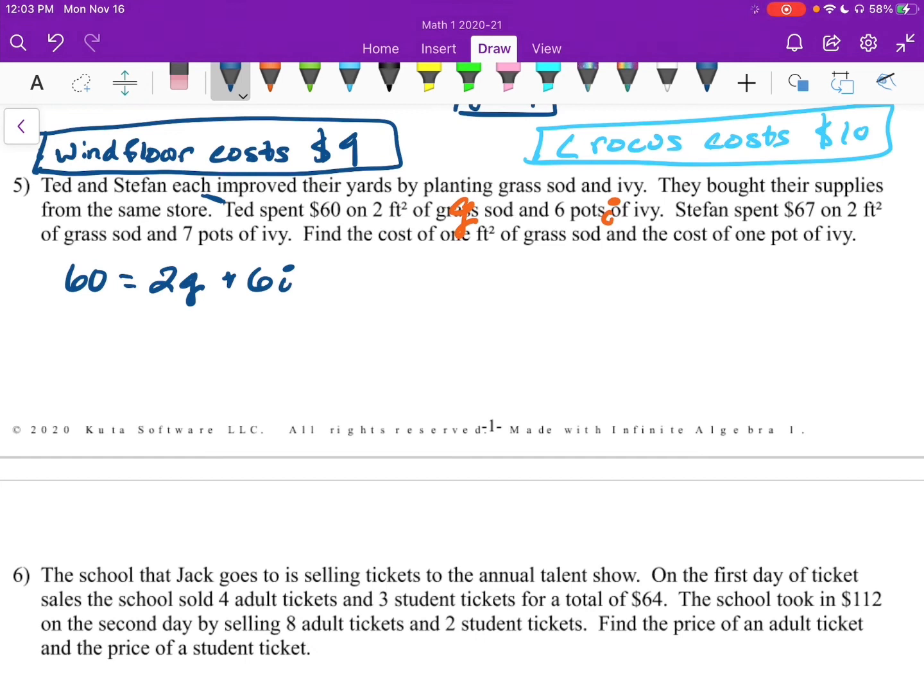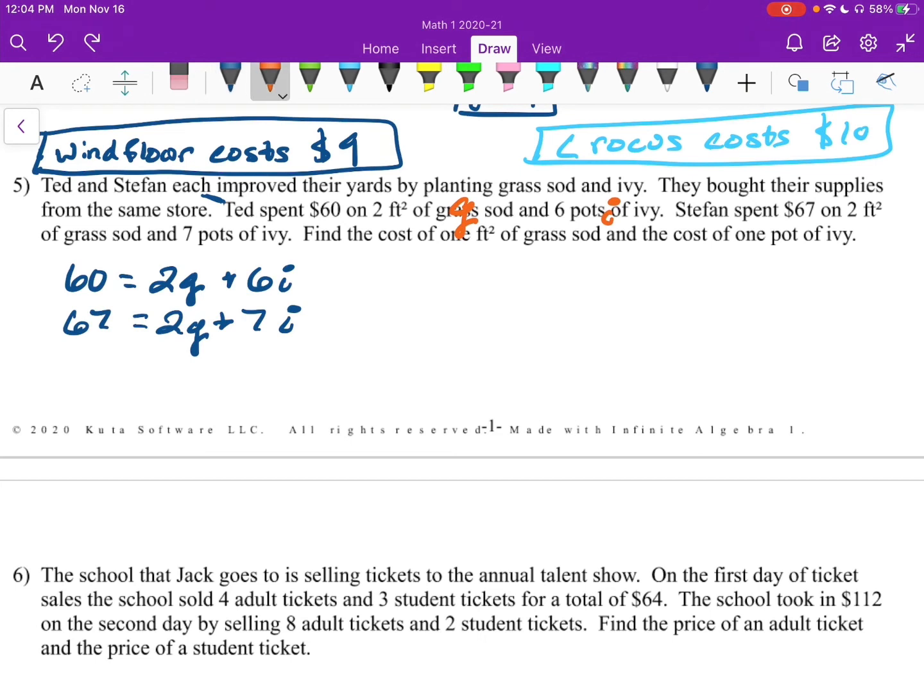Stefan spent $67 on 2 grass and 7 ivy. Really quickly, if you look at these, you can probably see an ivy is probably $7. Let's go ahead and do the problem just in case we can't see that on another problem.